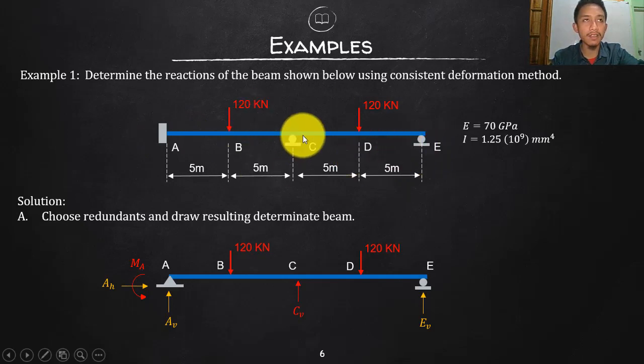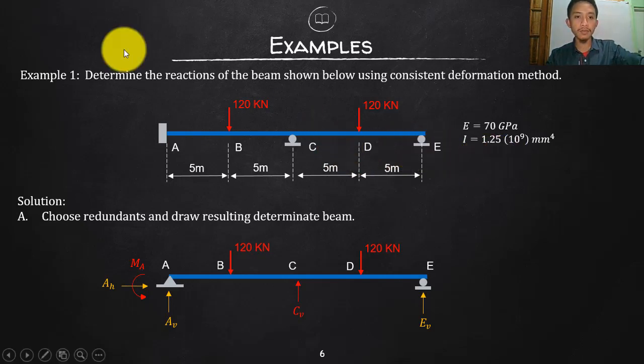We only have 3 equations of statics available, and there is no internal hinge or internal roller, so there are no additional condition equations. With 5 reactions, there will be an excess of 2, and that is the degree of indeterminacy. It means there will be 2 redundants.